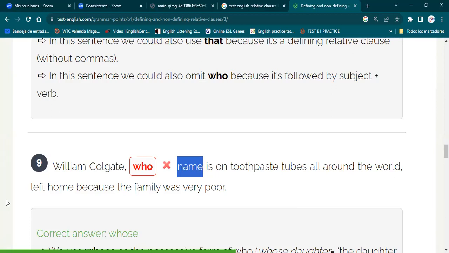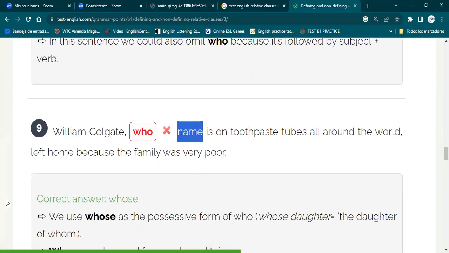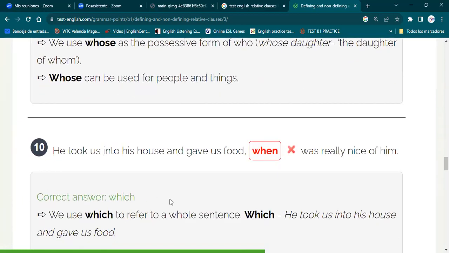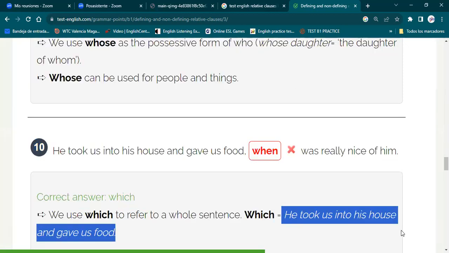He's the only person whose name is William Colgate and created the toothpaste. Okay? We use which to refer to a whole sentence. He took us into his house and gave us food. This is an action. So an action is which or that, but not when, because here we don't have any word about time.